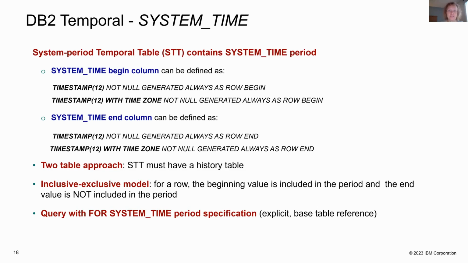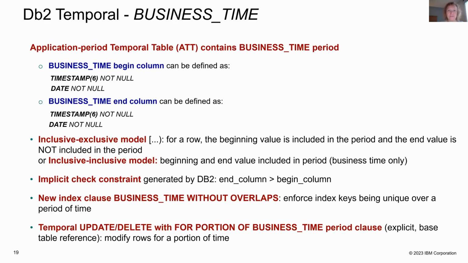So I don't want to go into the details. Business time is actually really reflecting the reality that for specific time intervals, the data changes, and the changes are ahead of the time in the database.